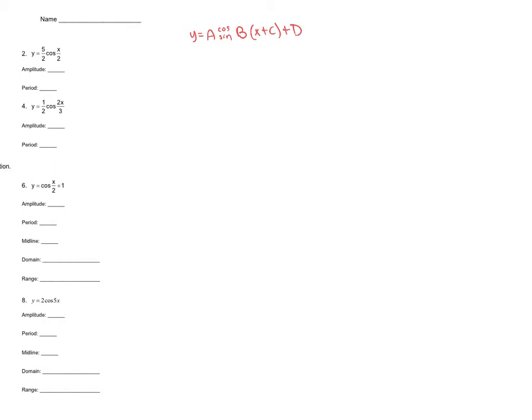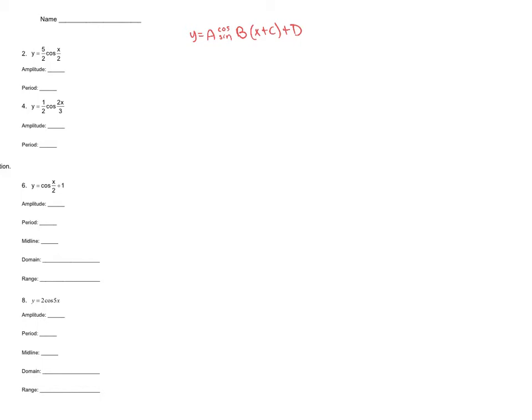This may look a little daunting at first, but I'll break down what each of these variables, a, b, c, and d, mean. Just to reiterate, this equation is applicable to most of the equations that you'll see in trigonometry: cosine, sine, tan, cotangent, secant, and cosecant.